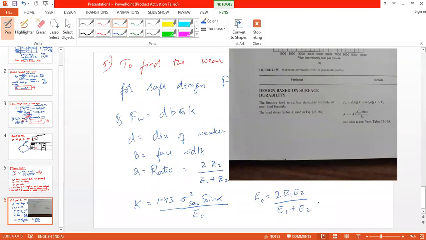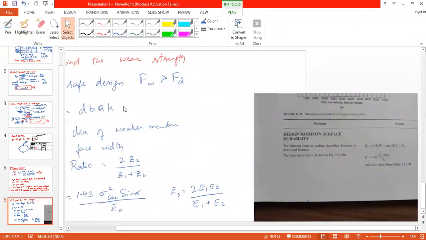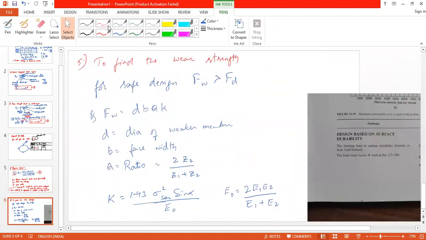Now, this is equation number 4. By using equation number 4 and the value of FD, and substituting in equation 5, that is FW should be greater than FD, you may get the value of FD, say 20,000. Assume it as 20,000. You will get the value of FW in terms of K.